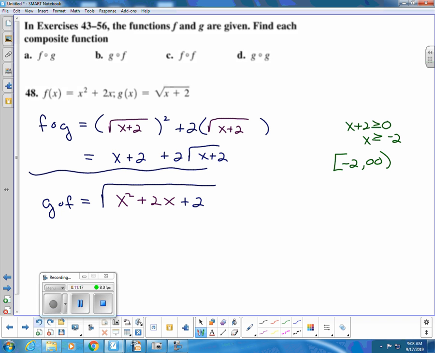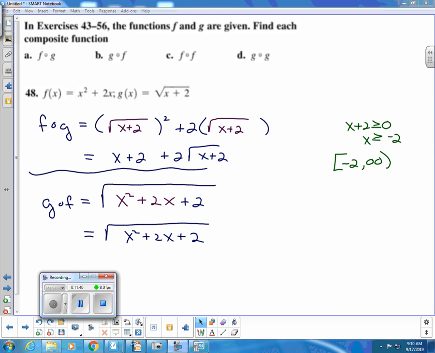There are no restrictions. But when you look at the output function, you can't simplify, that's not a perfect square. So you have to leave it like that. That has to be positive. Okay, so you simplify it to that.